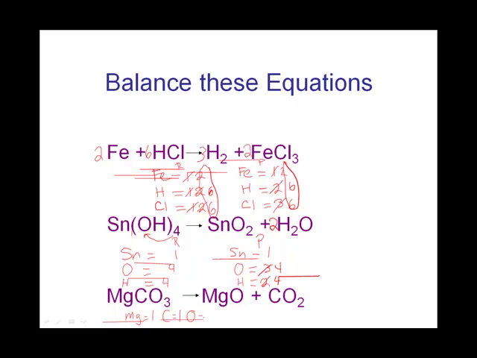And we also have 3 O's on this side. We have 1 magnesium on this side. We have 1 C. And we have 3 O's. So we are balanced. This one, we didn't need any other work.